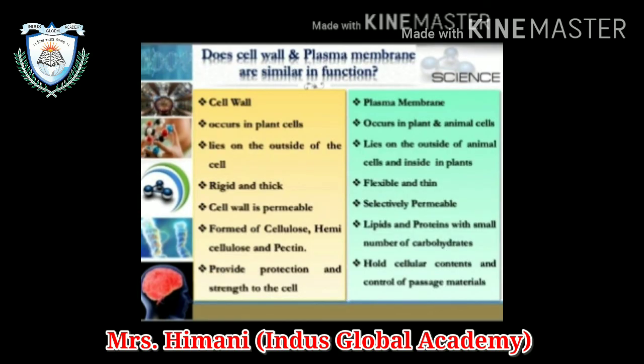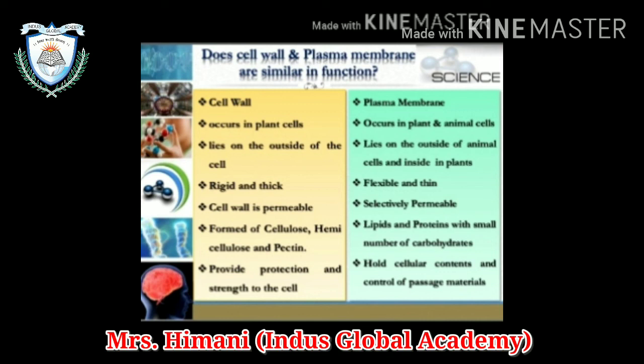Now, are the cell wall and plasma membrane similar in function? The cell wall occurs in plants, whereas the plasma membrane is present in plant as well as in animal cells. The cell wall lies on the outside of the cell, whereas the plasma membrane lies on the outside in animals and inside in plants. The cell wall is rigid and thick, whereas the plasma membrane is flexible and thin.